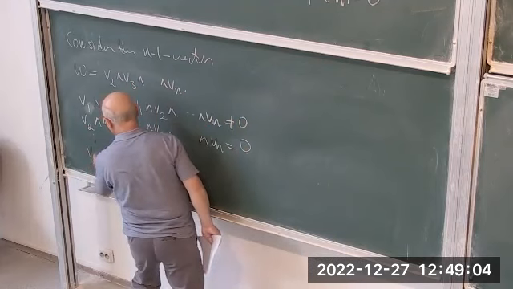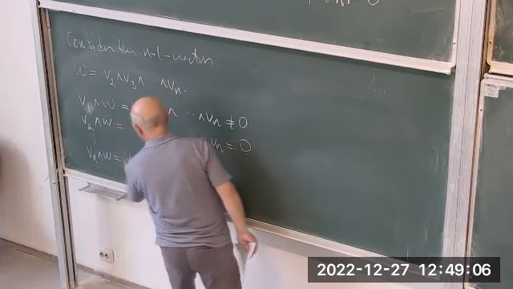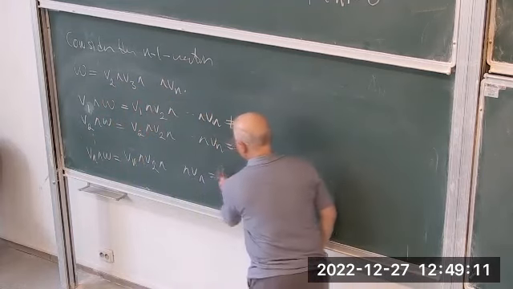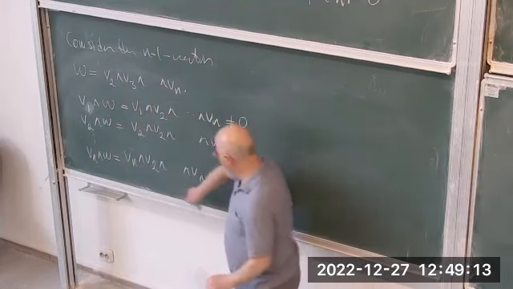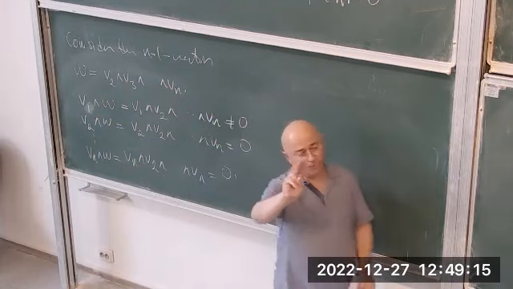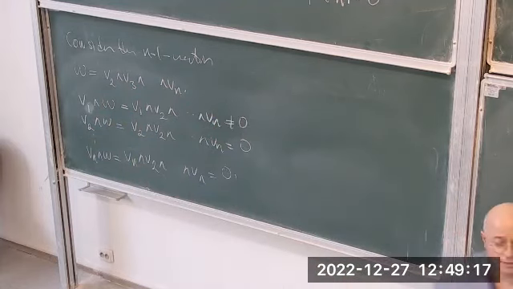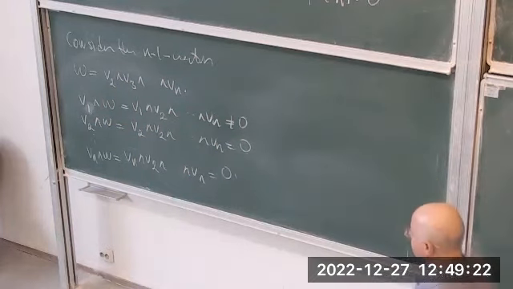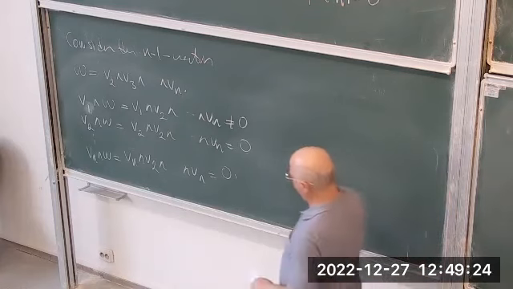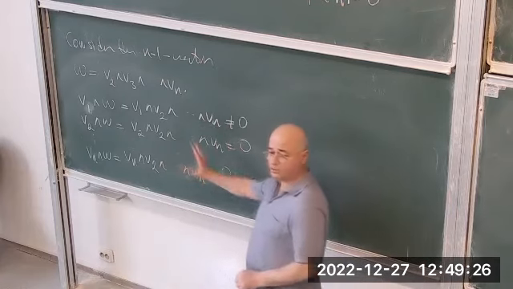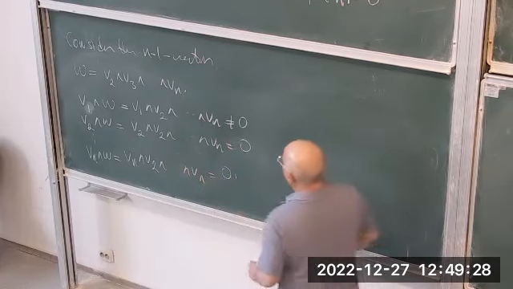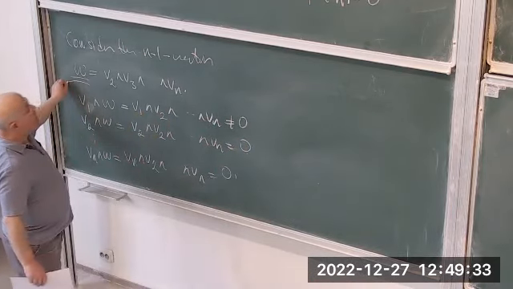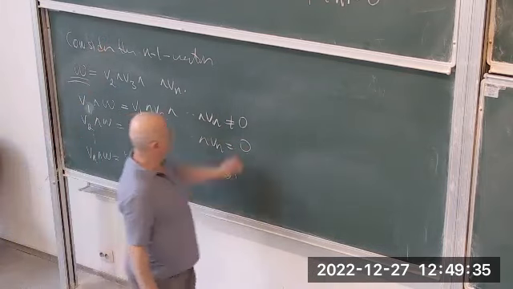And similarly, Vn wedge V2 wedge up to Vn is also zero because Vn is in this product. If a vector is repeated in a wedge product, it is zero. So you see this similarity between this n-1 vector and the dual vector.